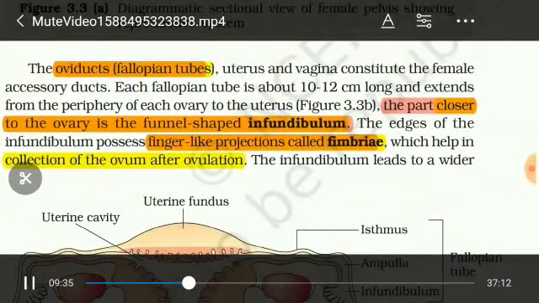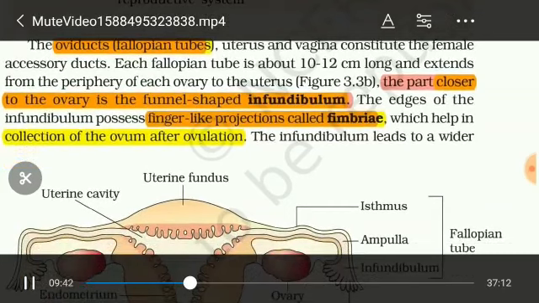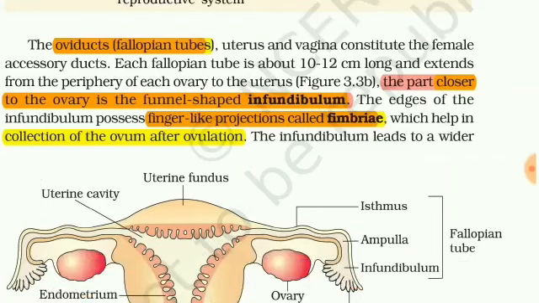Normally the oviduct. Listen to the diagram, then I will explain one by one. This is the structural diagrammatic view of the female reproductive system.